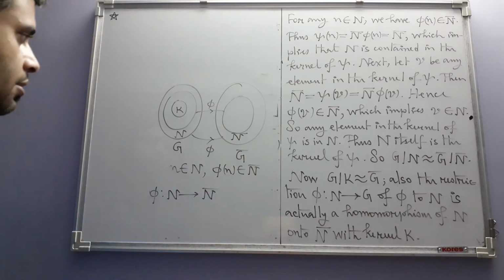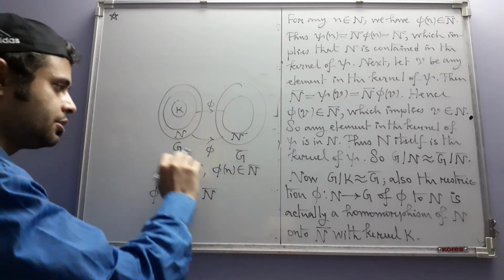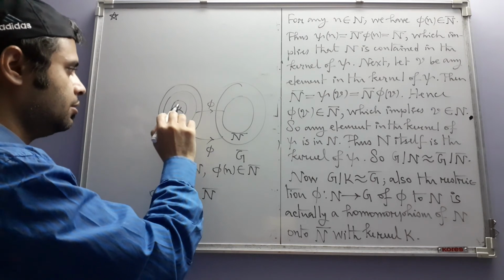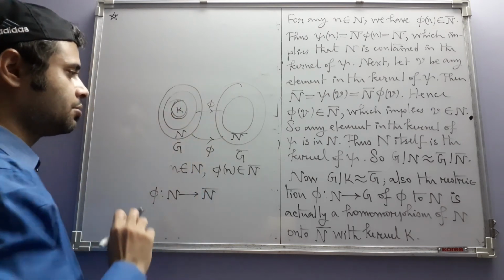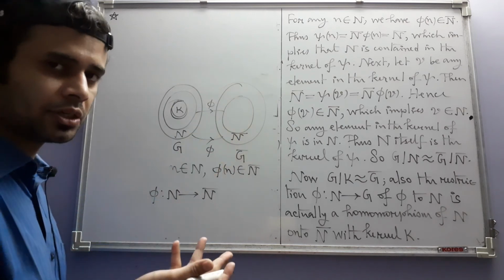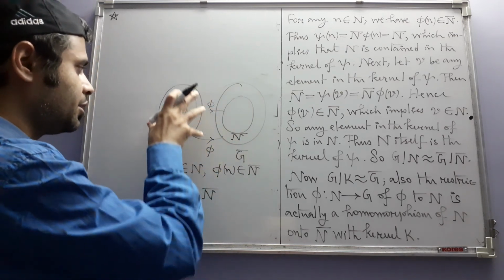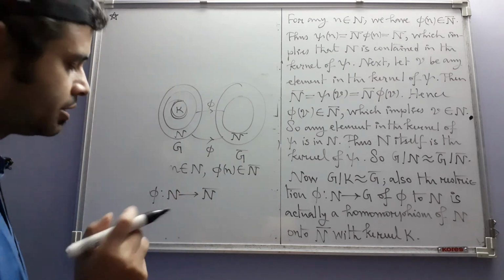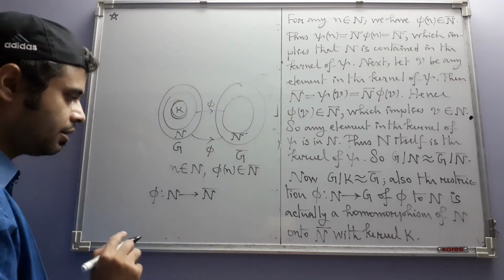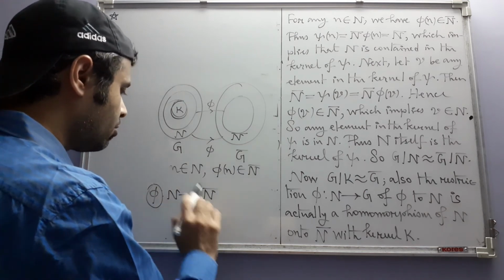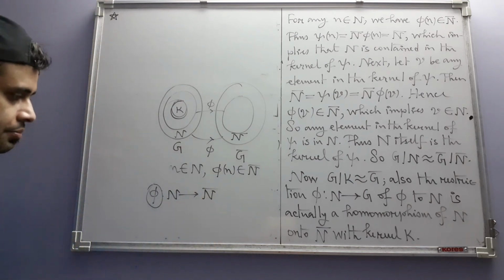Why? Because the entire kernel of the original bigger homomorphism is contained in N. So these are the only possible elements which are mapped by phi onto the identity element of G bar. Since all of them have in fact come inside N, the kernel will be the same. Now the only thing left for us to understand is why phi is onto N bar.